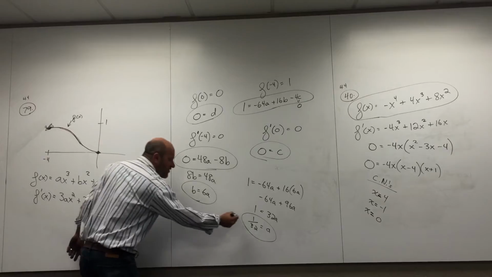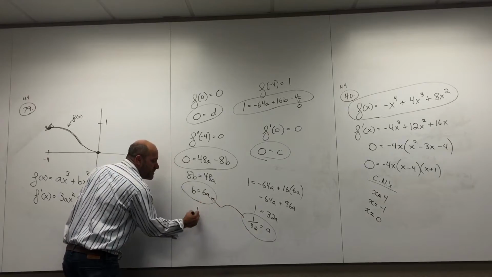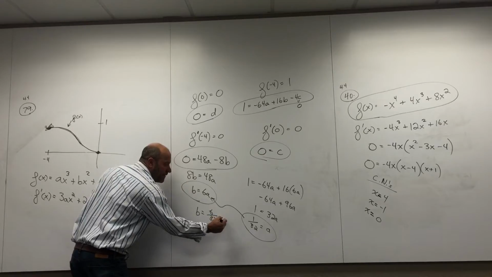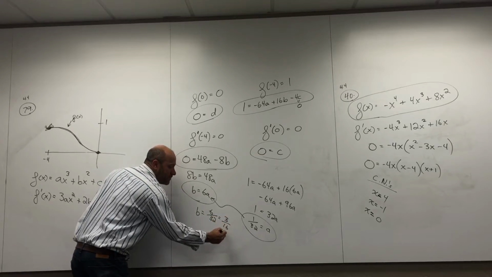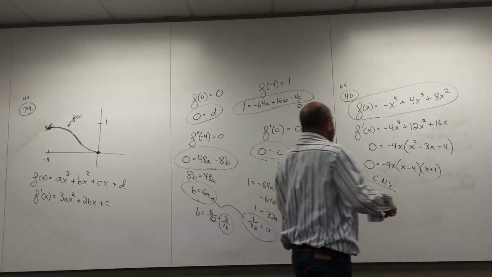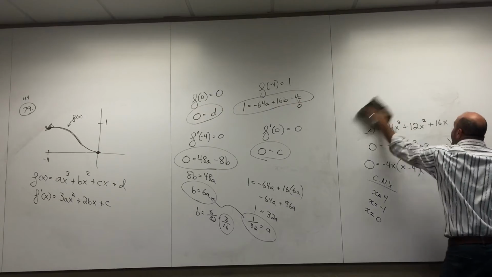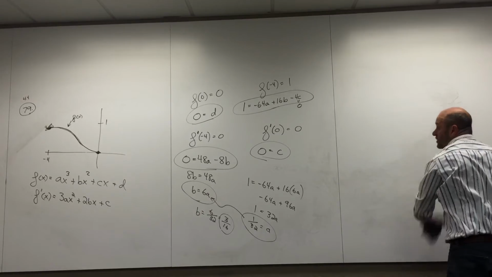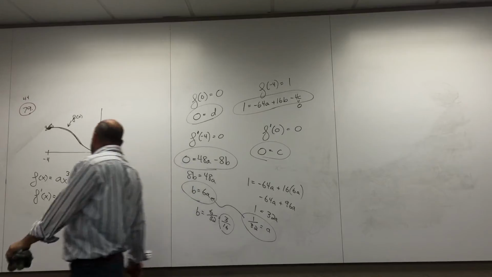If you plug that 1/32 in here, you get b. b is 6/32 or 3/16. This is awesome. I love these kind of problems. So, I mean, the question was, can you find this cubic function? And we just did. We found the cubic function that's going to meet their requirements.